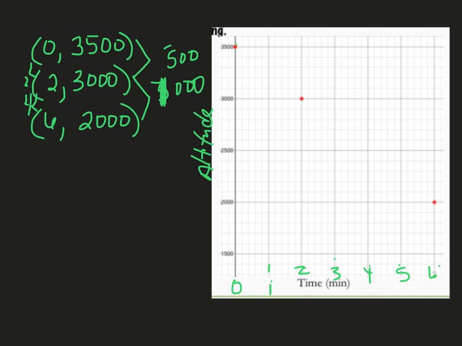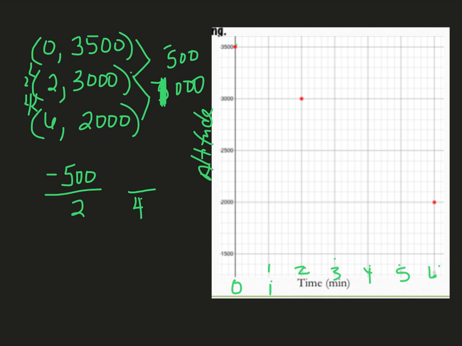Okay, stop. All right, so the change in Y, first it goes down 500 at minute 2. And then the next change would be at minute 6, or 4.